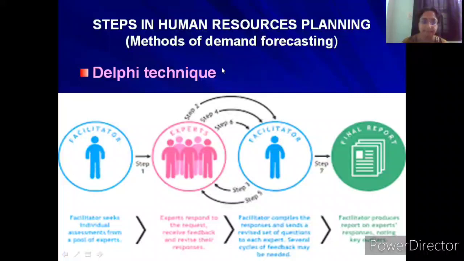So here, if you see, this is the way in which a Delphi technique works exactly. Now have a look at these 5 experts who are mentioned in this pink circle. Many of them will have their own ego issues. Many of them may not be comfortable working with the other experts here. So when these experts are put together and discuss amongst themselves, a proper conclusion may not come up because each of them will put forward their own viewpoint.